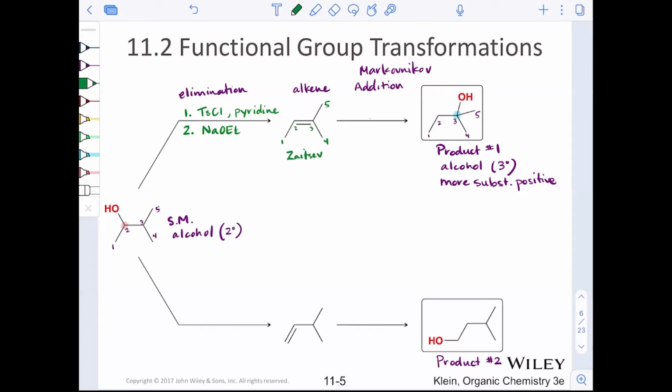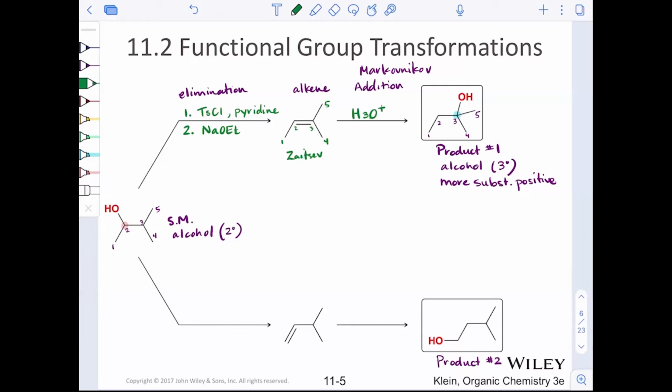Now, once we get that Zaitsev alkene product, we need to think, how do we do a Markovnikov addition? H3O plus. A Brønsted-Lowry acid, just like HBr before, adds a Br Markovnikov addition-wise. H3O plus is another Brønsted-Lowry acid that adds an alcohol on the more substituted position.